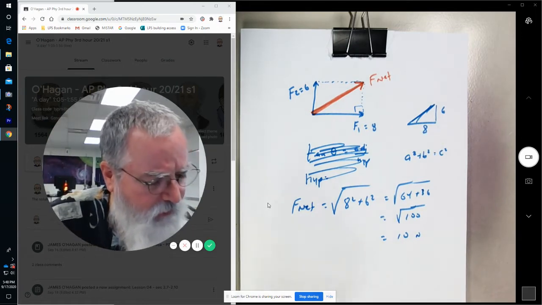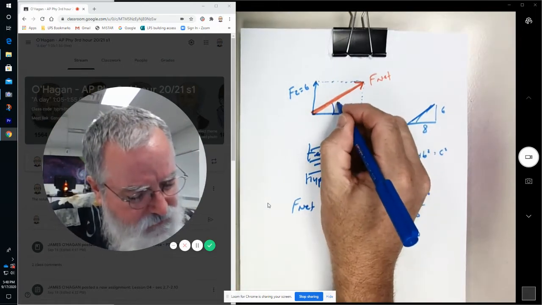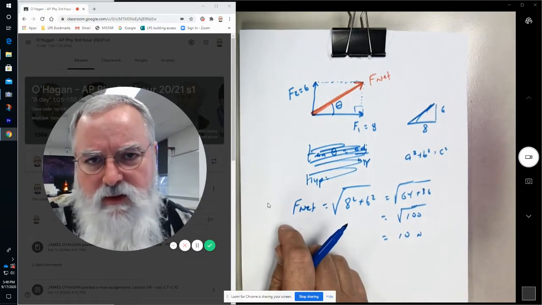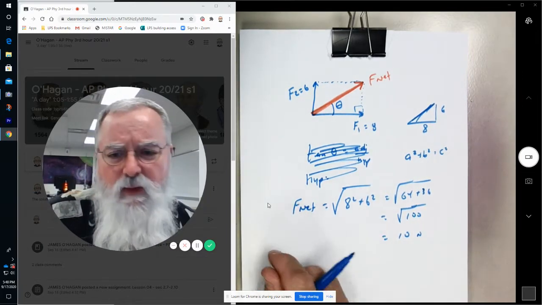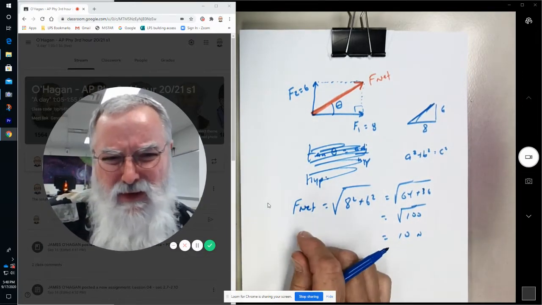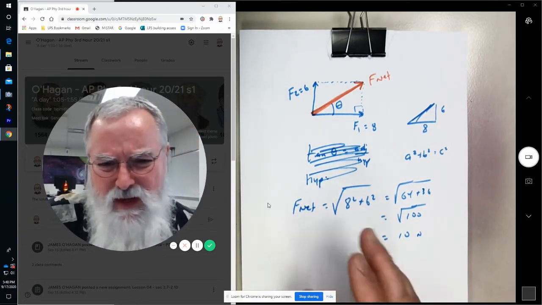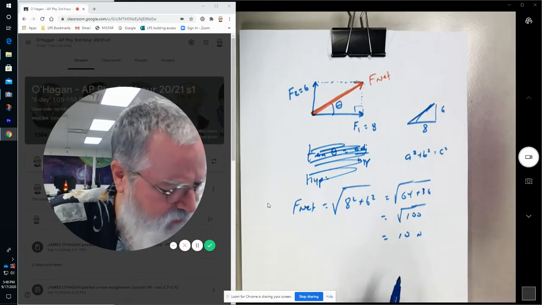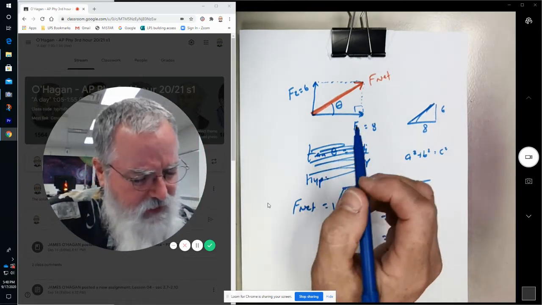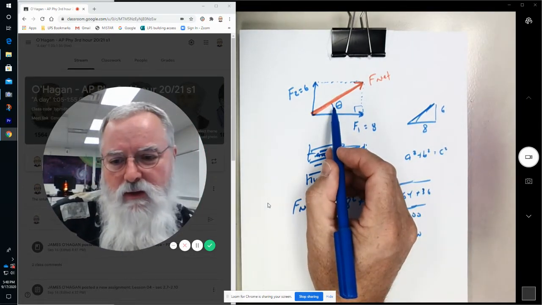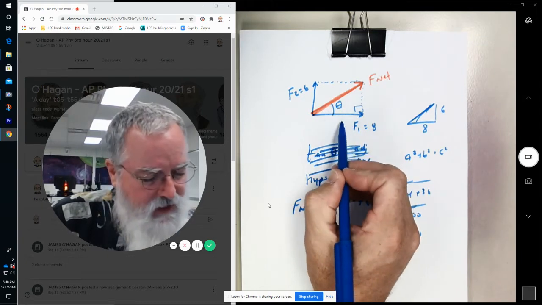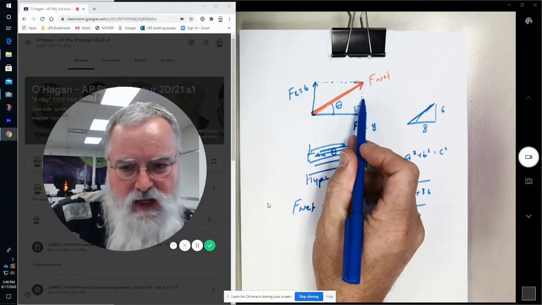All right, but now, how do we get the angle? And this is really the neat part about doing it this way. The other way I just measured and it was like 38, something like that. 39, 38, 37, I don't know what it was. Here's how we do this one. Get the angle. I'm looking for an angle, and I've got an adjacent side and an opposite side.